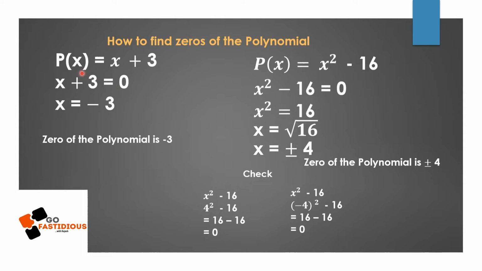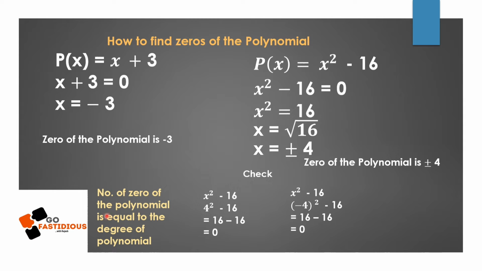Now have you noticed anything in the two polynomials? Let us take the first one here, x plus 3. What is the degree of this polynomial? Degree is 1 and the zero of the polynomial, that is the answer, is also 1, minus 3. In the second question, the degree of the polynomial is 2 and how many zeros we have got here? Plus and minus 4, 2.